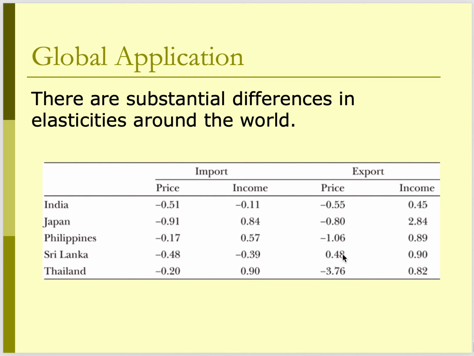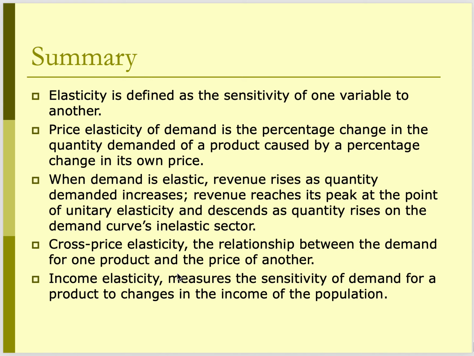Sri Lanka's export price elasticity is positive, and income elasticity is positive in 3 countries out of the 5 that they're looking at here, and import price elasticity of demand is all negative. How do you interpret that?